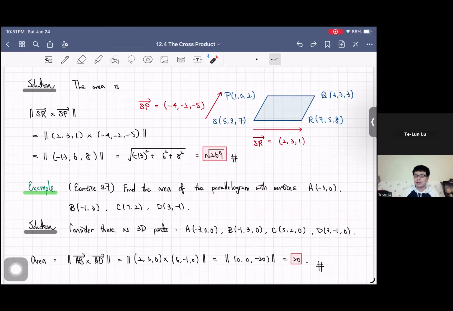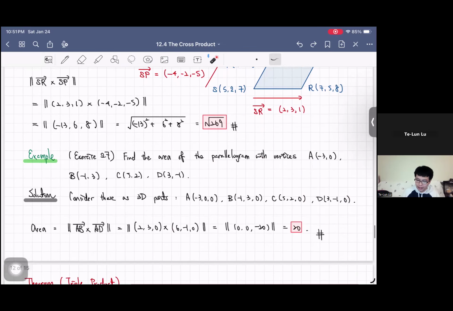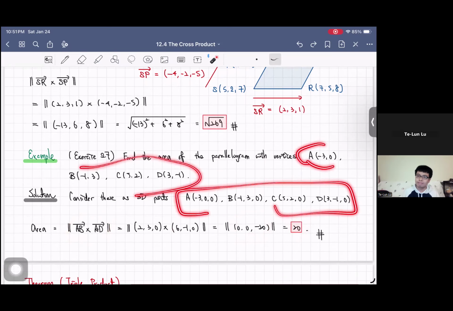So they will be flat on the XY plane, and then you can do anything in 3D space. In this particular case, I take AB cross AD. Now both of those are three-dimensional vectors, so you can do the cross product, which is (0, 0, minus 20), and the magnitude is 20. So that'll be the area formed by ABCD here.